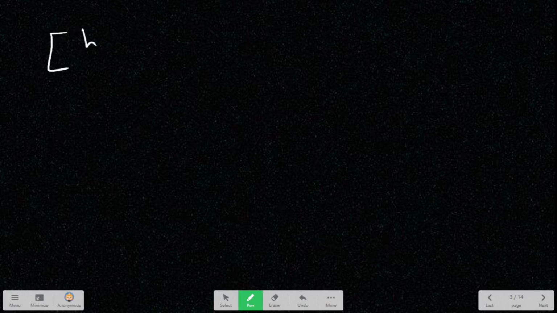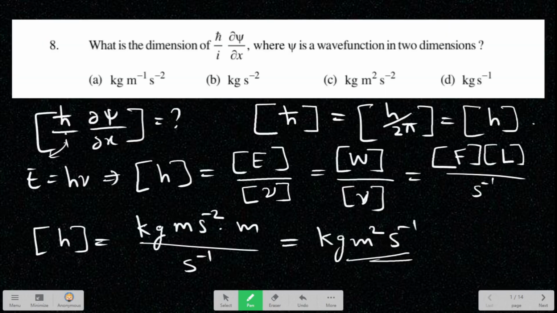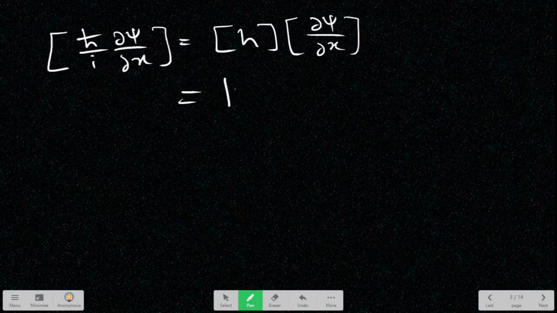So dimension of h cut by i del psi by del x is equal to dimension of h times dimension of del psi by del x. Dimension of h we have already found that it is kilogram meter square per second, and dimension of del psi by del x is 1 by meter square, or m raised to minus 2.